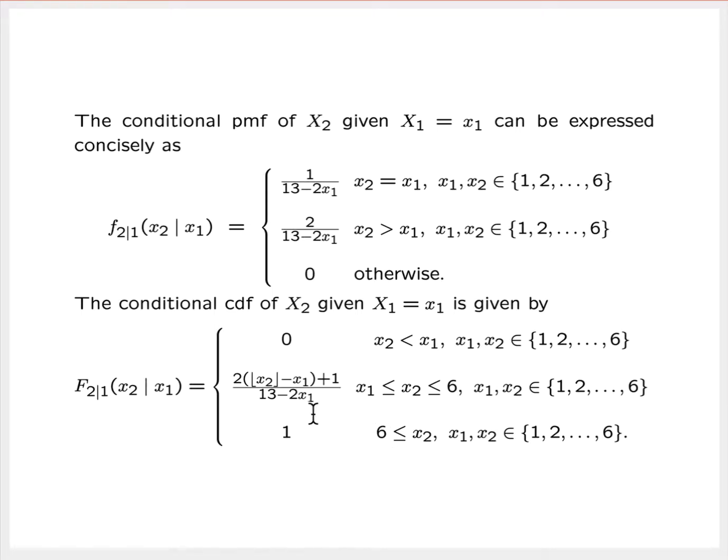And it's equal to 2 times the quantity of the greatest integer that is less than or equal to x2 minus x1, plus 1, all over 13 minus 2x1, as long as x1 and x2 are both integers from 1 to 6, and x2 is greater than or equal to 1 and less than or equal to 6.